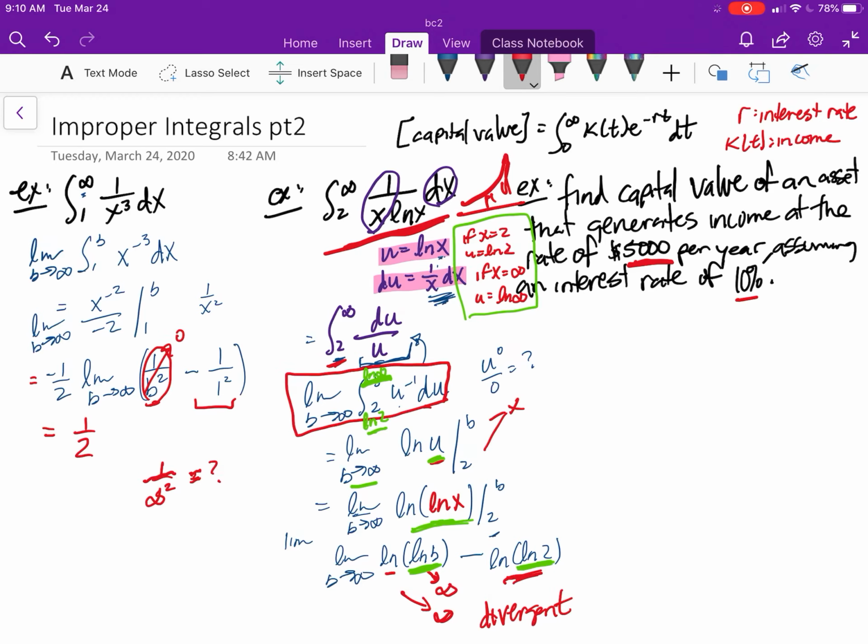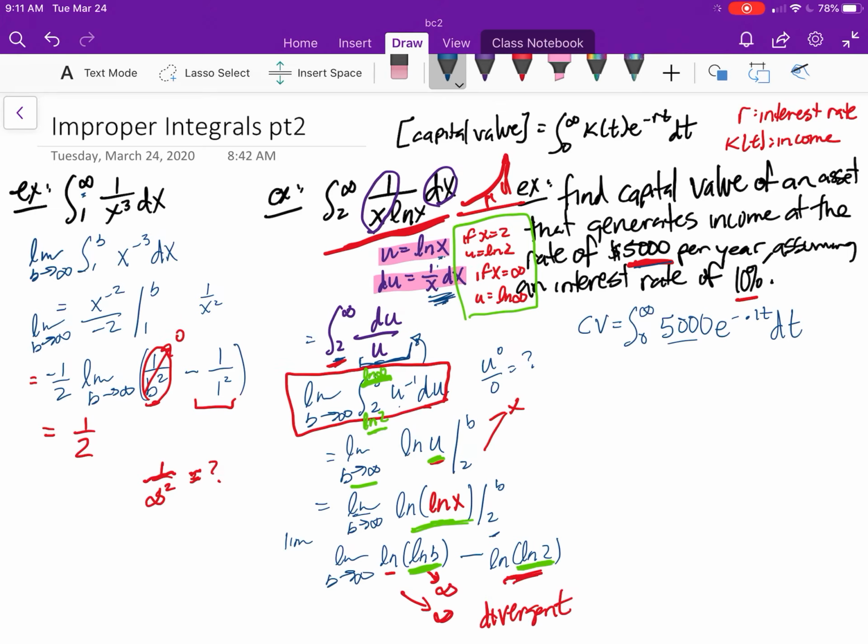So that's what's going on here. In this case, capital value, 0 to infinity. Again, we don't have a function for k of t, it's just a constant, 5,000. E to the negative 0.1t dt.